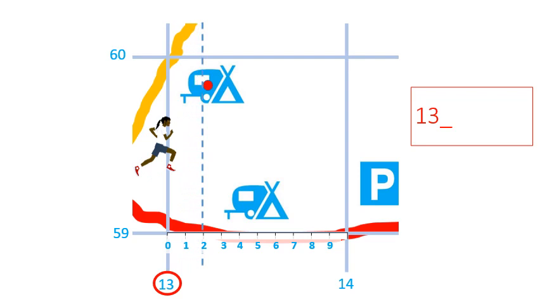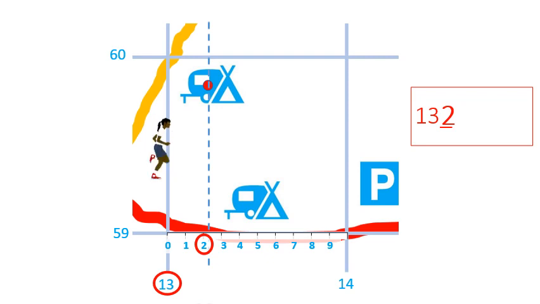Then we imagine that our run continues until we're level with the middle of the campsite, and we look how many tenths across the square we've gone. In this case, we're somewhere between 2 and 3, and either of those answers would do, but we're slightly closer to 2, and so that is what we're going to choose as our answer. So the three numbers from along the corridor are now 1, 3, 2.